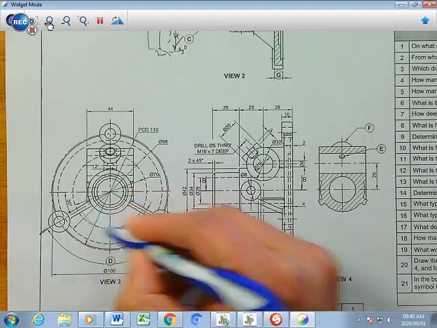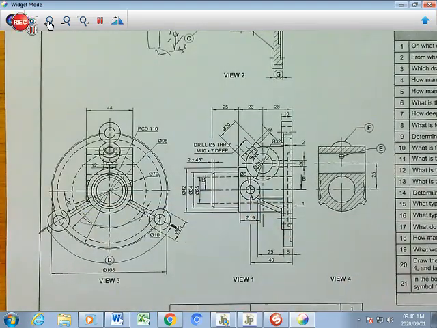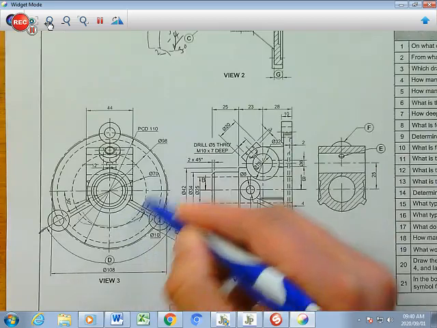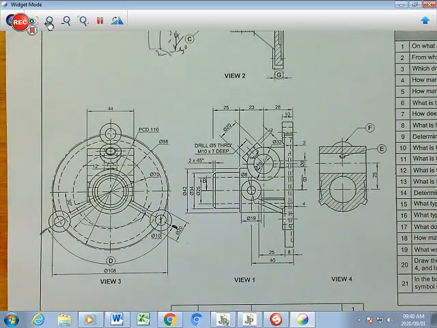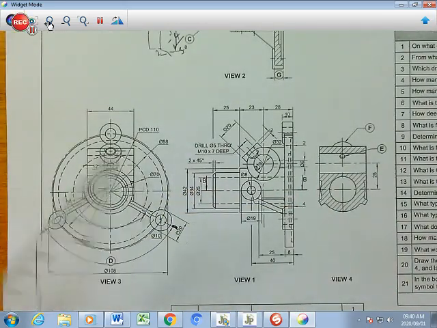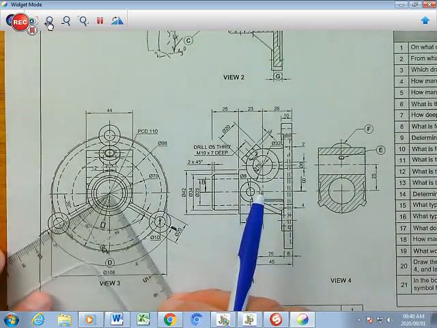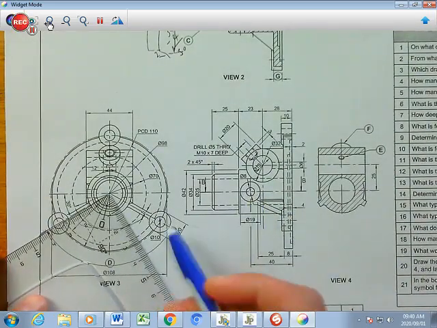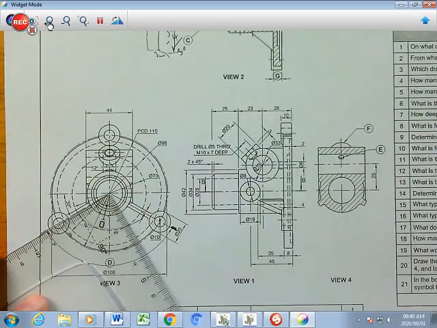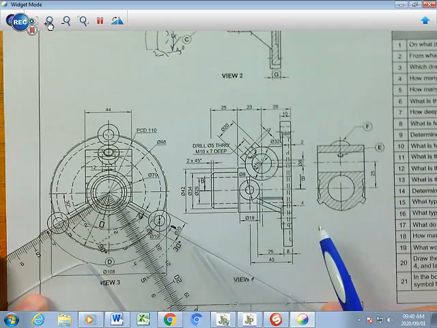In between here, they want that angle there. So you either have to take a protractor and put it on here and find the angle, or you can do what I am doing, which is put a 90 in there first, and then there's a little gap here, and I'm going to squeeze a 30 in there.